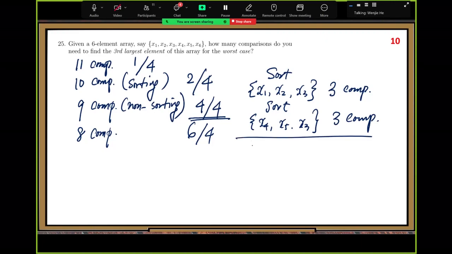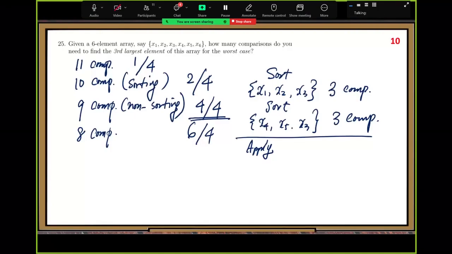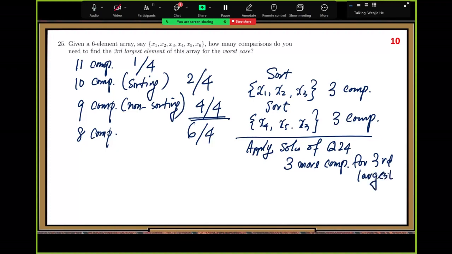Then after that, apply the solution of 3 more comparisons for the third largest. Total 9. Okay? Full credit. Very simple. So that's the 9-comparison solution.